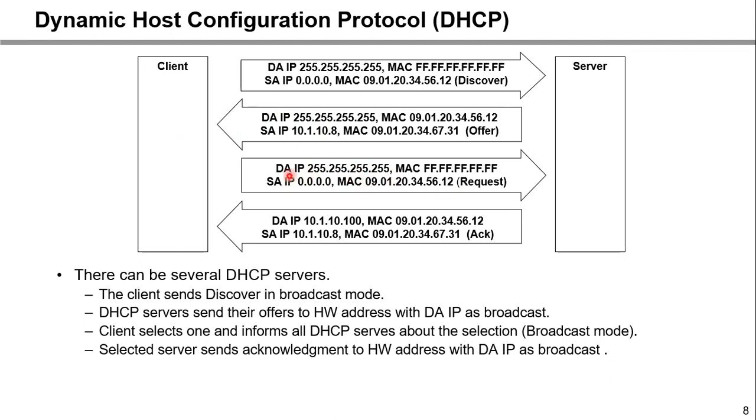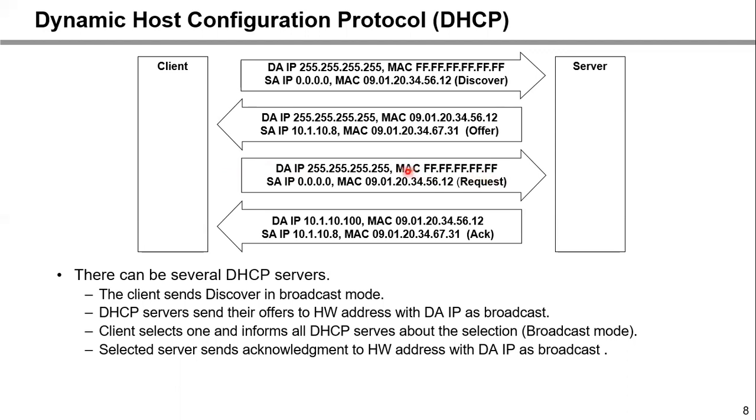At that point, you can make the destination IP address 10.1.10.8, because this time you know the destination IP address. Even for the MAC address, you can either mention the server's MAC address or FFFF.